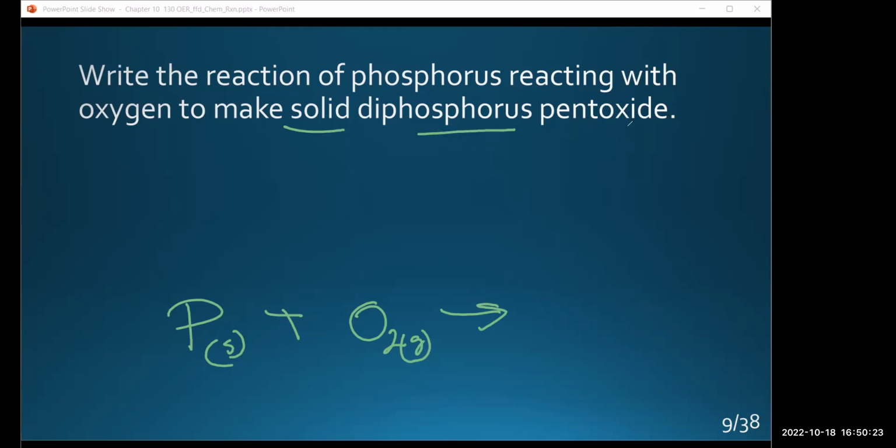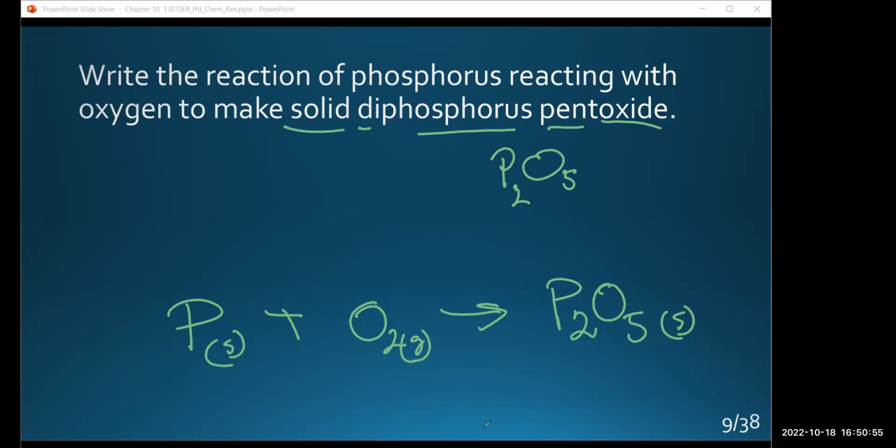First, write the base formula, which is PO, okay? Then we look at the prefixes: penta for oxide is 5, and di for phosphorus is 2. So now we have the formula P2O5, and it's a solid, okay? All right, now we've got to balance it. And don't forget this: don't present an equation that is not balanced, because that would be incorrect, right?